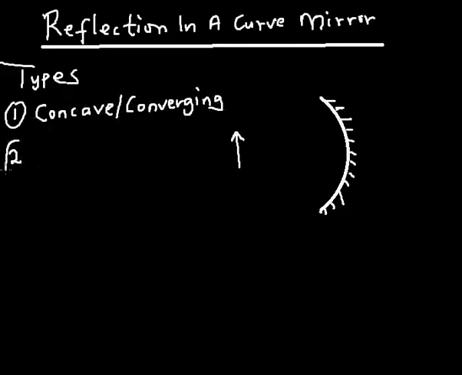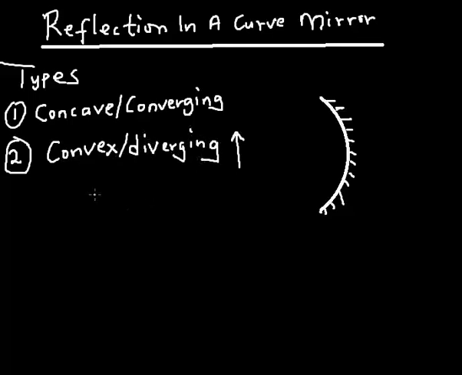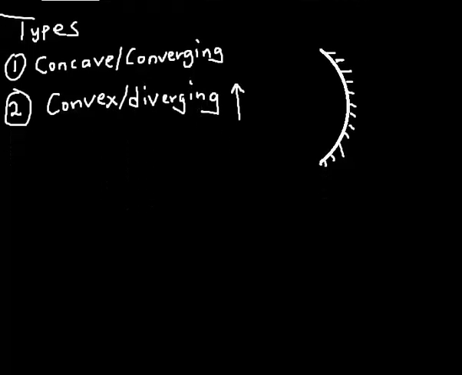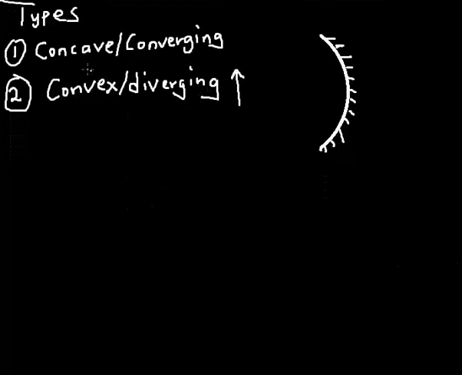The second is the convex, or diverging mirror. Starting with the very first one, concave.